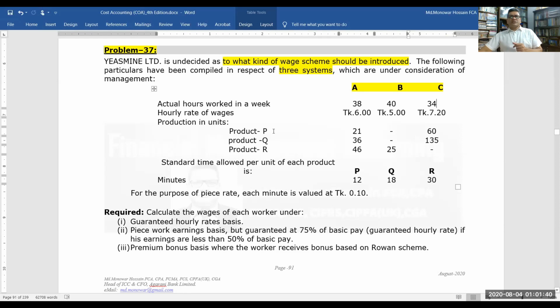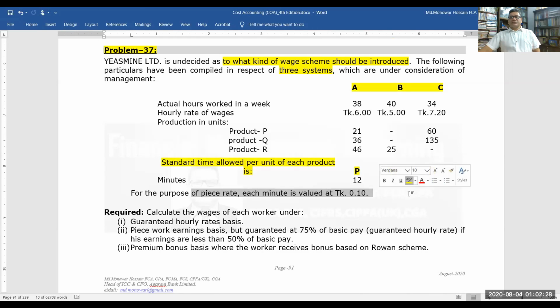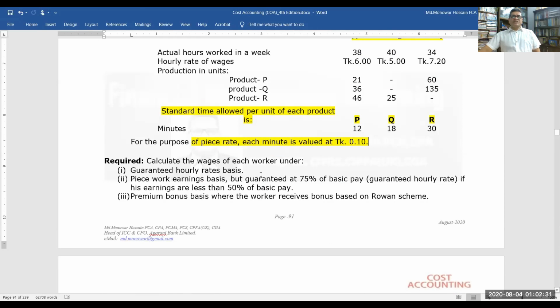Production in units of products P, Q, R: worker A produces P 21, Q 36, and R 46, and the same way for B and C. Standard time allowed per unit of each product is P 12, Q 18, and R 30 minutes. For the purpose of piece rate, each minute is valued at 0.10. Calculate the wages of each worker.